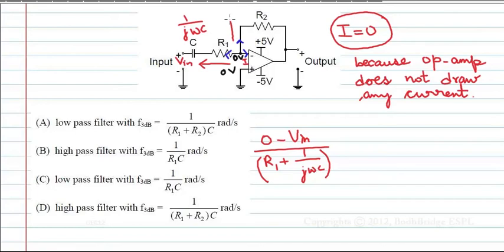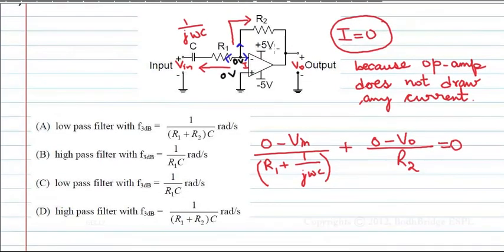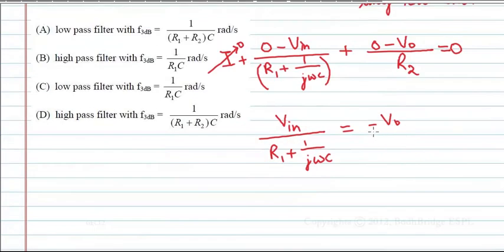And now I am writing this current plus (0 minus V output) by R2 is equal to 0. Very simple. Two leaving currents is equal to 0. And this current I should be there anyway, and I can be neglected as 0 since the op-amp draws no current at all. Is equal to minus V output by R2.